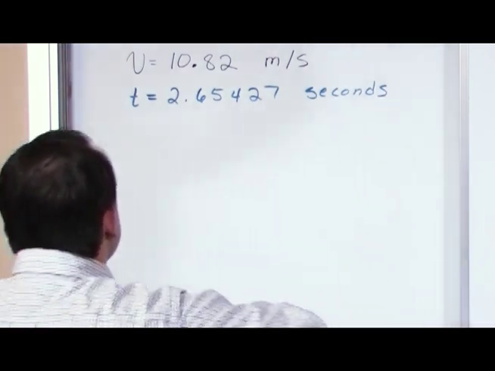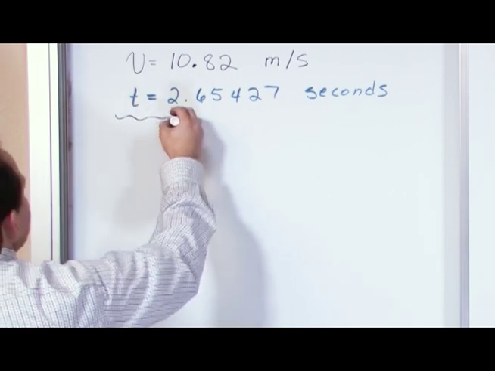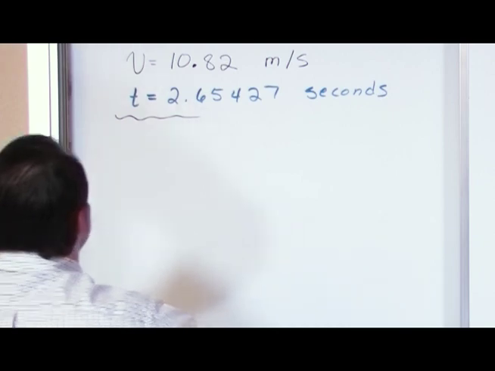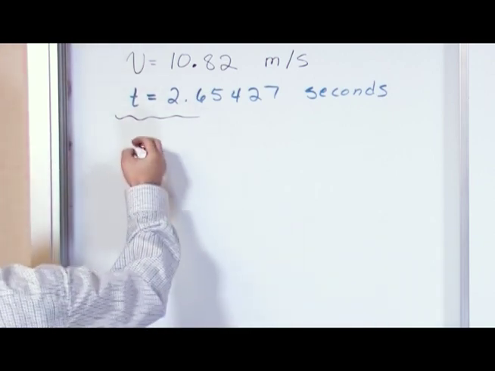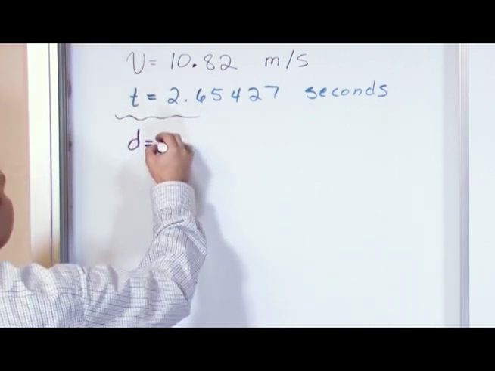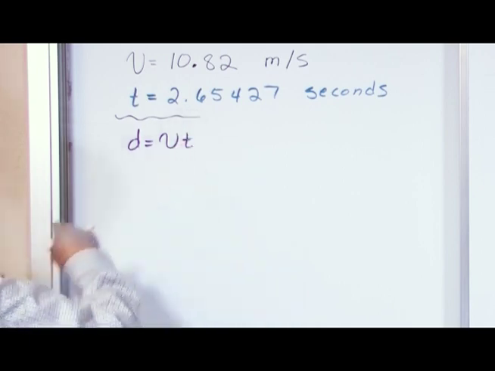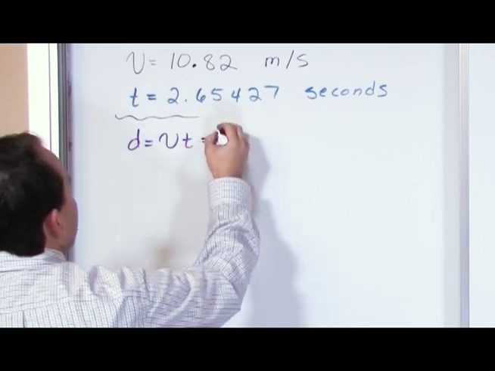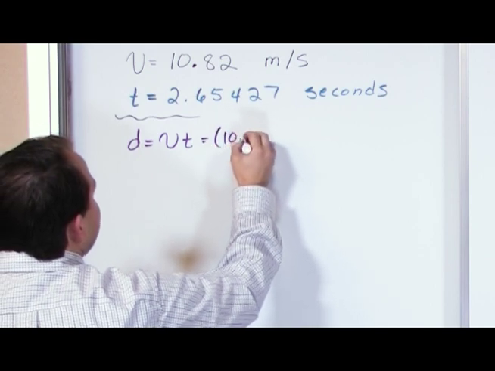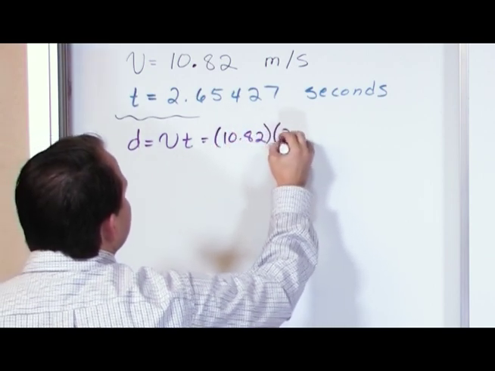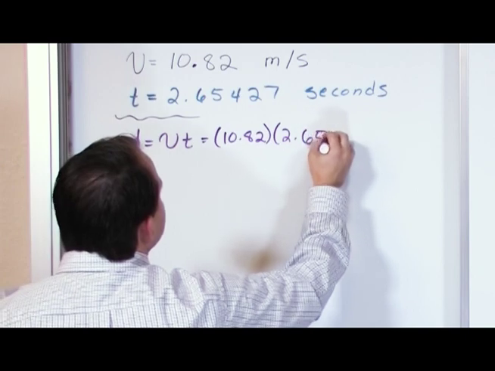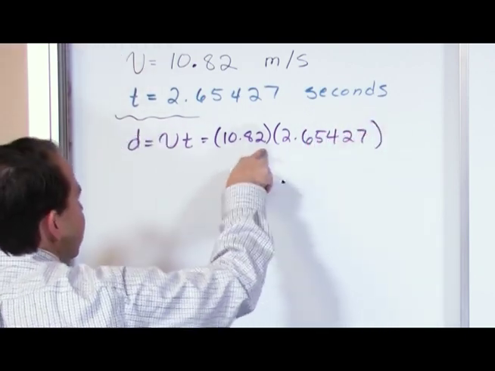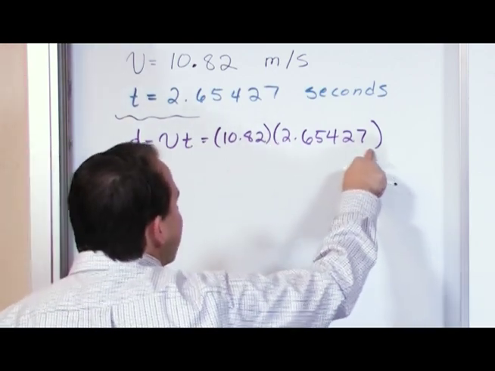So the distance is an example of a calculation that you might actually have to do in real life. The distance that I'm going to travel is the velocity times the time, v times t. If I were going to do that, I would go in my calculator and put 10.82 and multiply it by 2.65427, because this is the velocity in meters per second and this is the time in seconds.